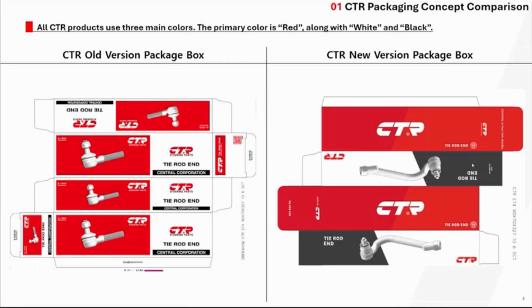Here you can see the evolution of CTR package design. On the left is the old version, which focuses heavily on red and has a more uniform layout. On the right is the new version, which still uses the CTR signature color scheme, red as a primary color, along with white and black, but with a modern diagonal layout, more dynamic product imagery, and clear branding elements.